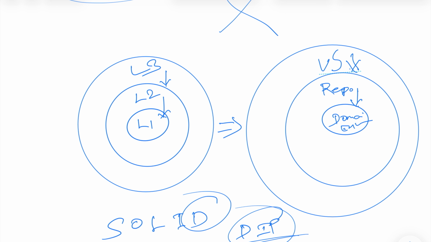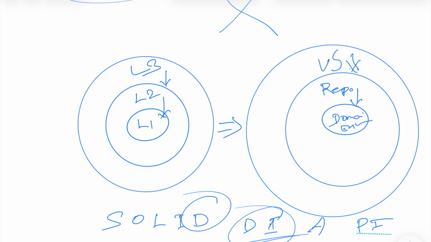And we achieve this using dependency injection. That is why I told you it's not fair to compare these two things. This is a principle, this is a technique. So we achieve this principle using this technique.